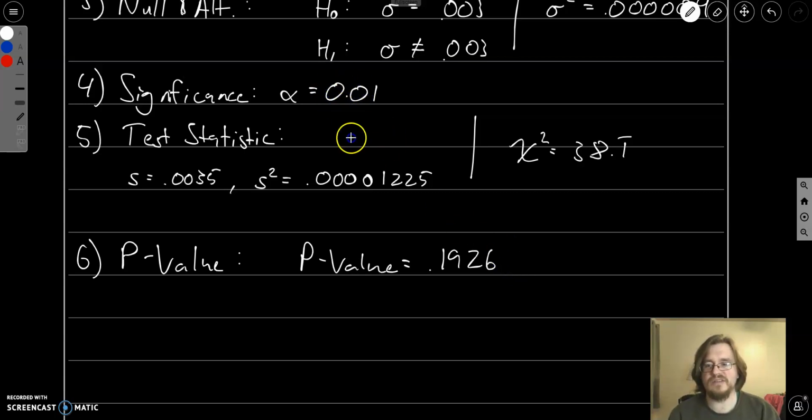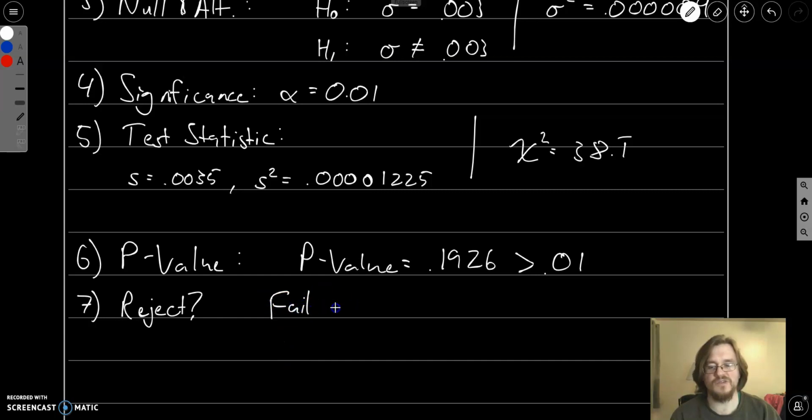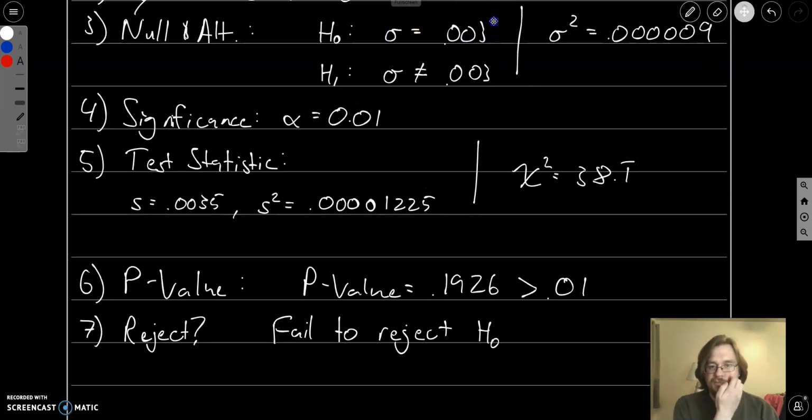And when we compare this to our significance level, this is much greater than our significance level, which will mean that if we are considering our null hypothesis, we fail to reject. So we cannot reject our null hypothesis. So there's not enough evidence to be able to reject this claim here.